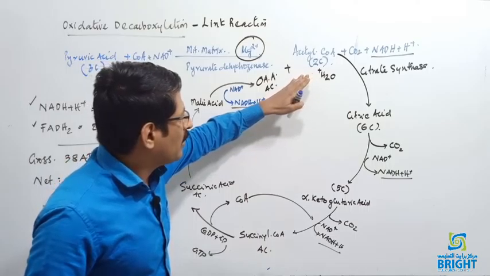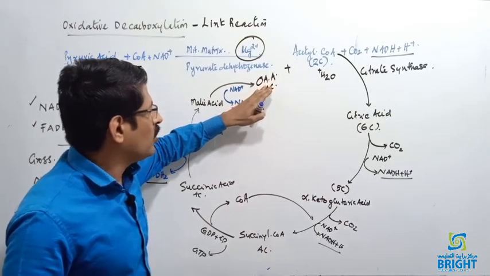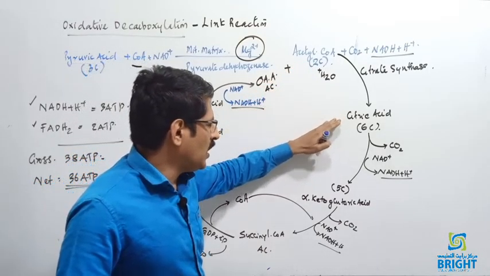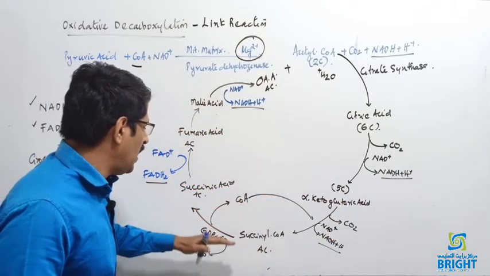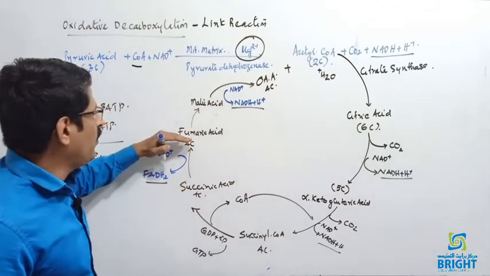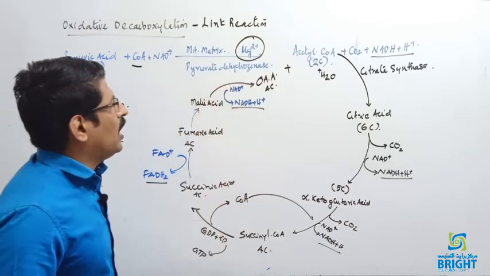So as a part of the Krebs cycle, acetyl coenzyme A combined with oxaloacetic acid produces citric acid, into alpha ketoglutaric acid, into succinyl coenzyme A, into succinic acid, fumaric acid, malic acid, and again oxaloacetic acid.